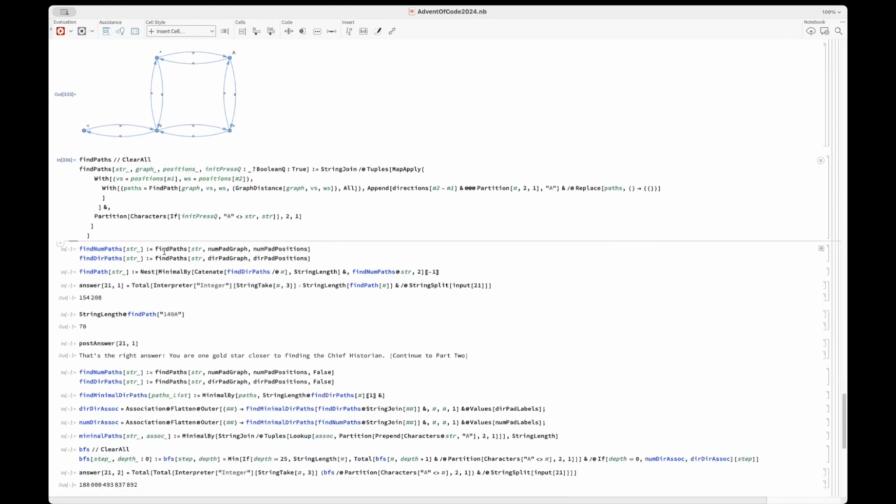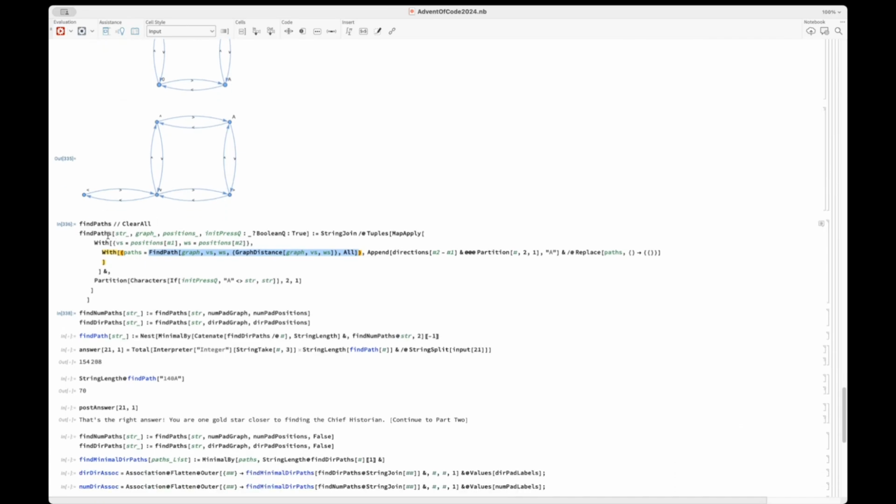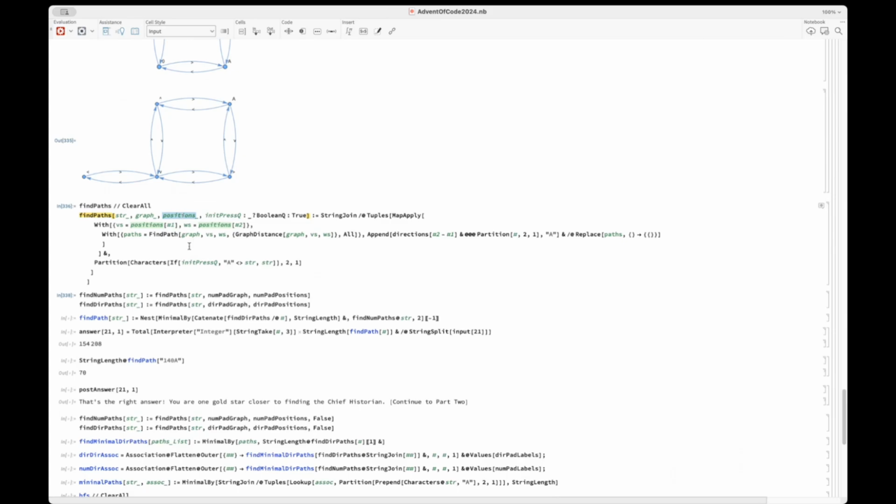Given this graph, the first part is very straightforward functions like this, just traversing those graphs. For example, if you want to find a path, which is a string, on a given graph like this, what are the positions?